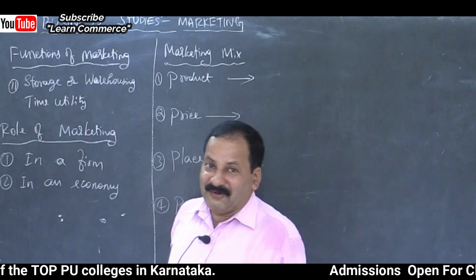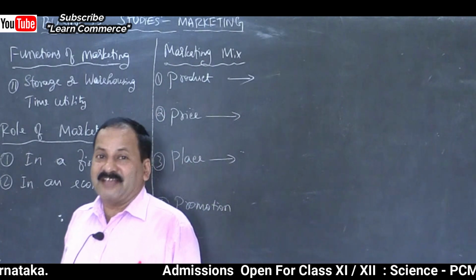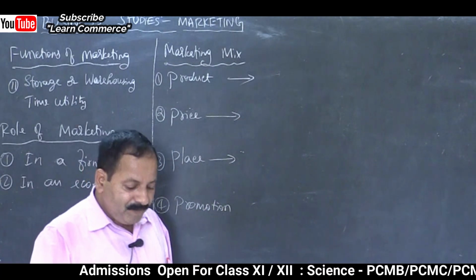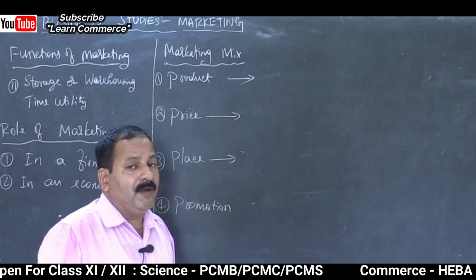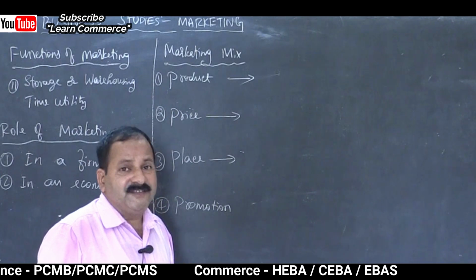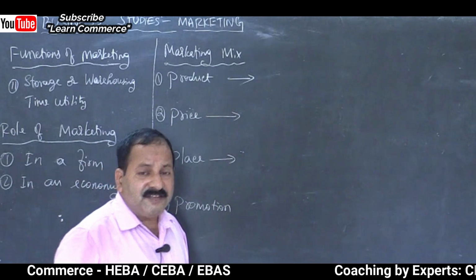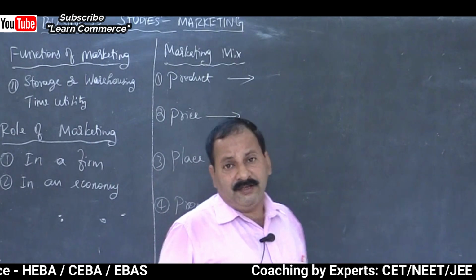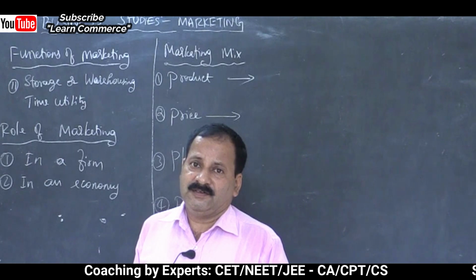Yes, whatever it is, it has come to the point here. Storage and warehousing create time utility in the sense that goods are produced throughout the year but demanded only during a particular season, or the reverse, like rice and paddy, isn't it? Rice is demanded throughout the year and paddy is grown during a particular season.